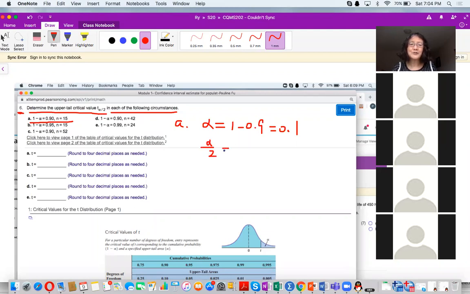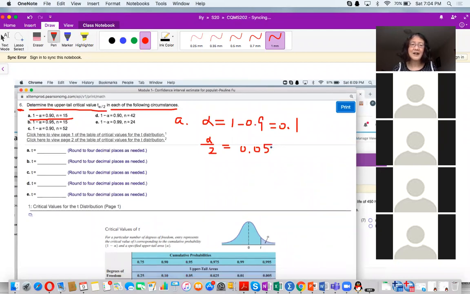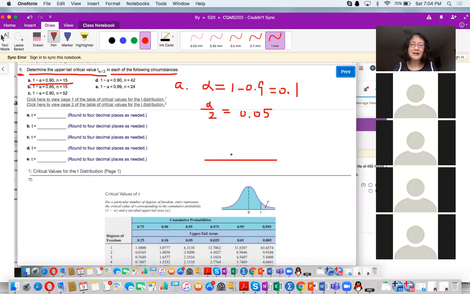When alpha is 0.1, half alpha is 0.1 divided by 2, which is 0.05. Once you have half alpha, you draw a diagram. This is not alpha, this is half alpha, 0.05. The question is, what is this point? This point is t subscript half alpha. What is this t half alpha?